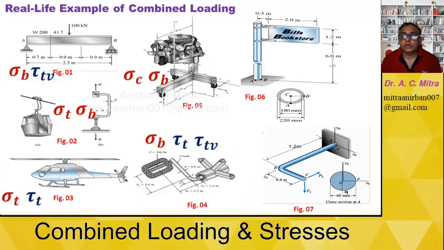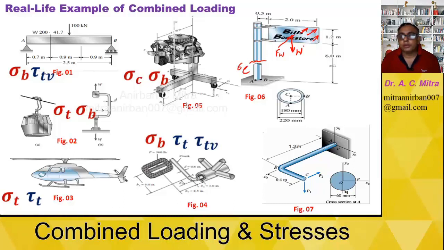Figure number 6 is a signboard. On this signboard, there is some weight applied here, and some wind pressure perpendicular to the signboard. If I want to find the resultant wind load, that is wind pressure multiplied by the cross-section area of the signboard, then what different types of stresses are produced in these sections? Due to this W, we are getting compressive stresses here.